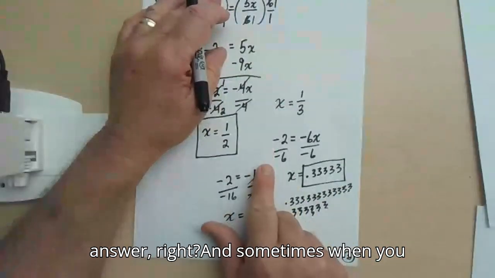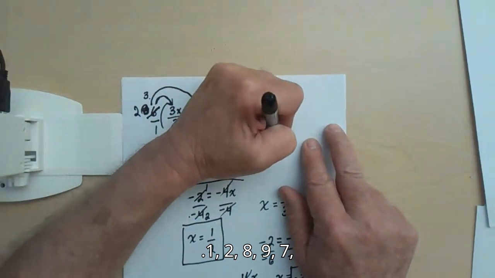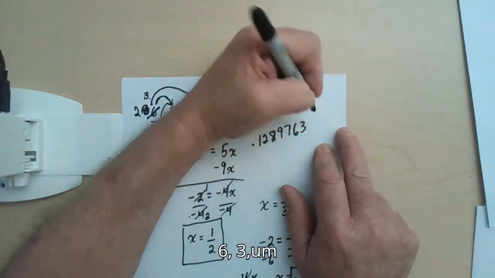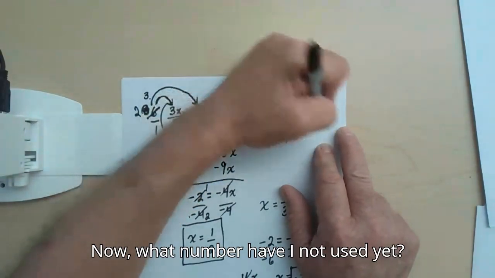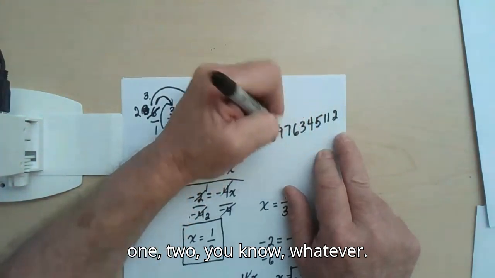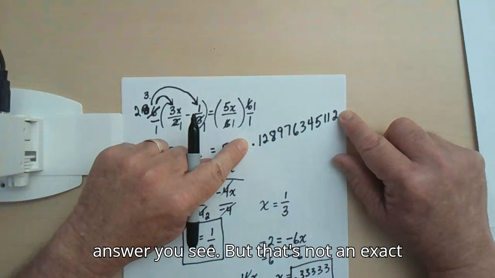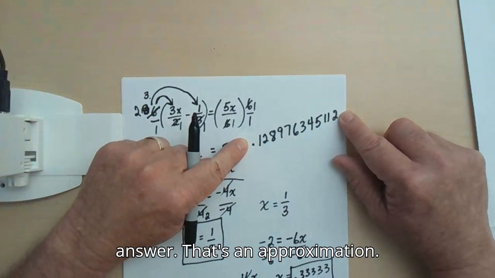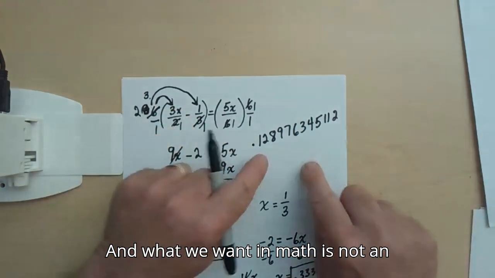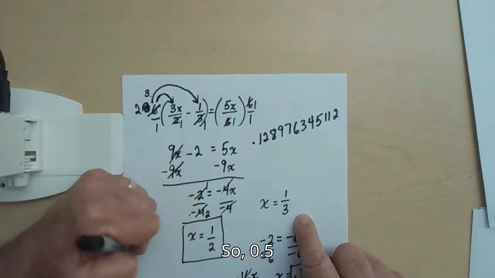And sometimes when you do that, you get something like this, 0.1289763, whatever. And you run out of room and that's the answer you see. But that's not an exact answer. That's an approximation. And what we want in math is not an approximation. It's an exact answer.